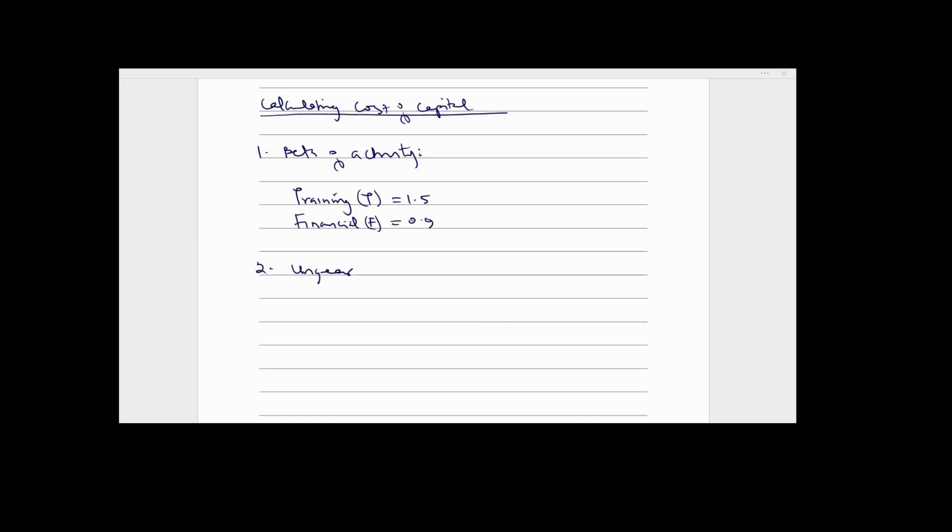This is what I'm saying. In this question, the examiner has given me the debt ratio of training. The examiner told me that for training, debt is equal to 12%. It means that equity will be equal to 88%.